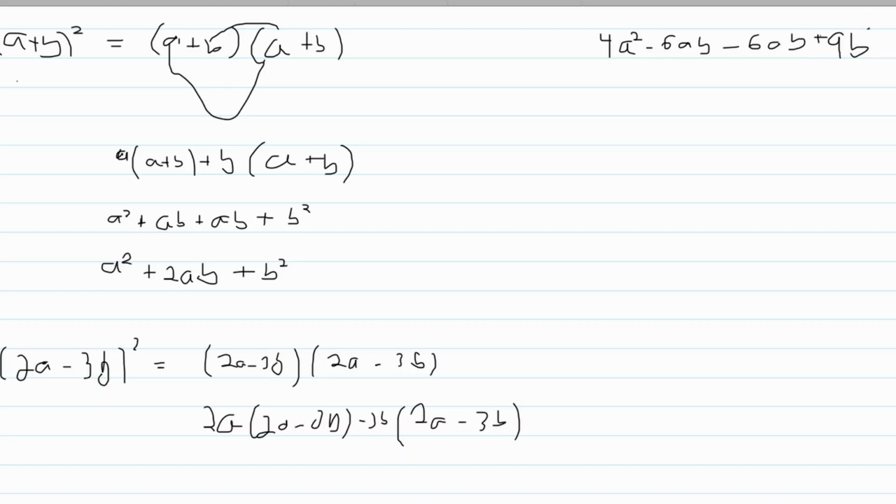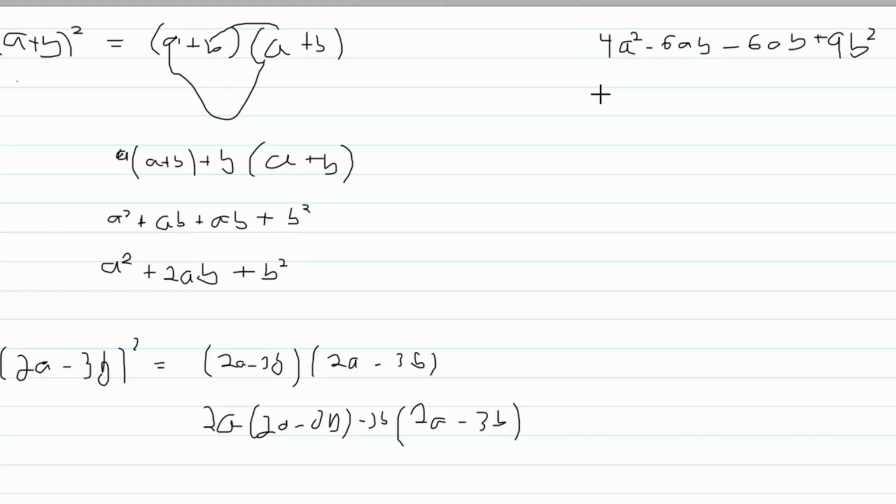So after we are done here, we look at whether there are like terms in it. If there are no like terms, then we leave it as it is. But if there are like terms found here, we add or subtract the like terms involved. So here negative 6ab and negative 6ab are like terms. So you add their coefficients. If it demands to be subtracted, we subtract the coefficients.